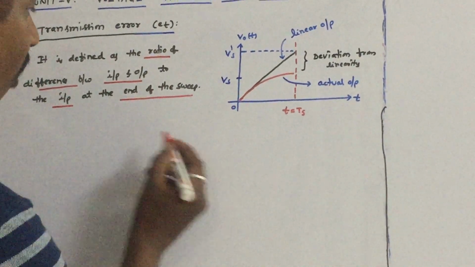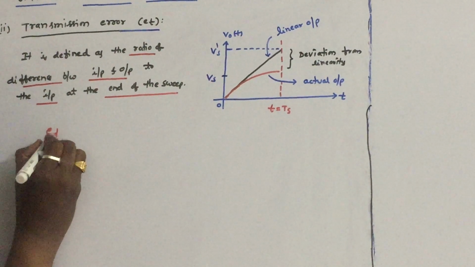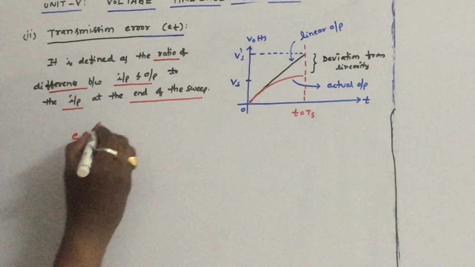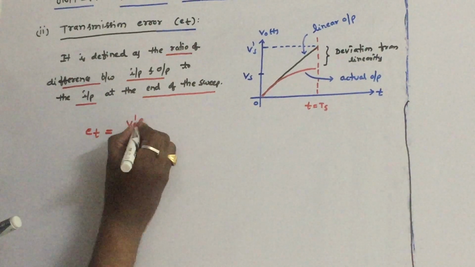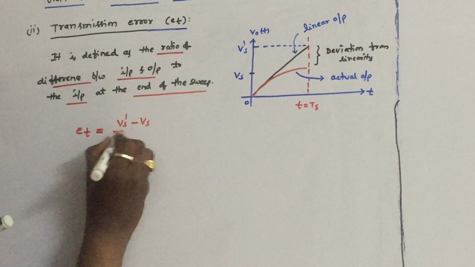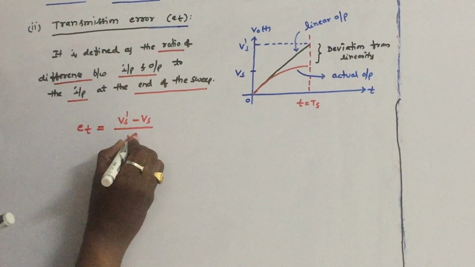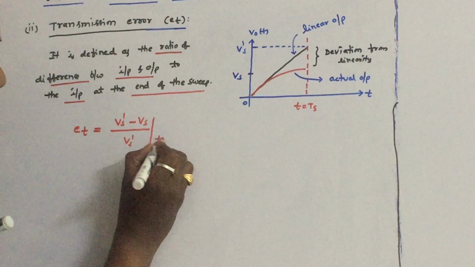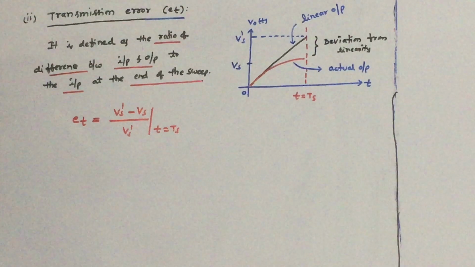So let us see how to express it mathematically. It is defined as Vs dash minus Vs by Vs dash at T is equal to Ts. So this is how it is mathematically defined.